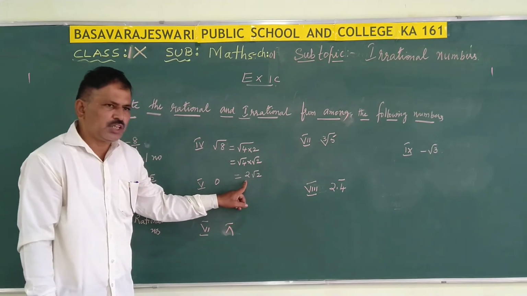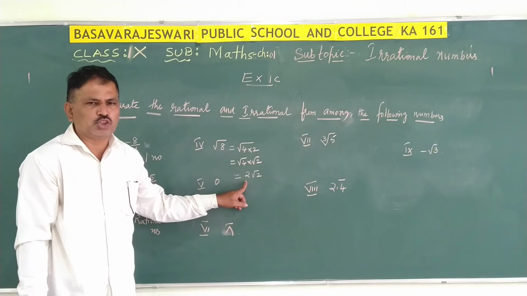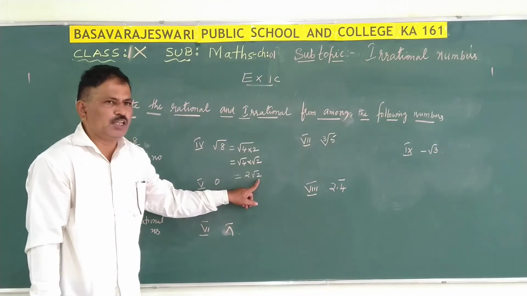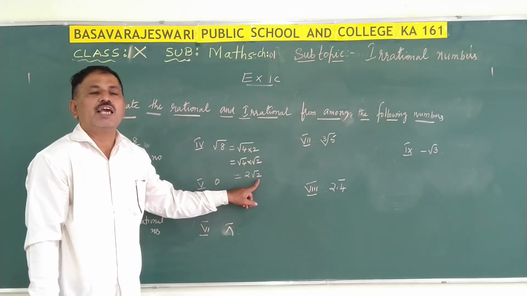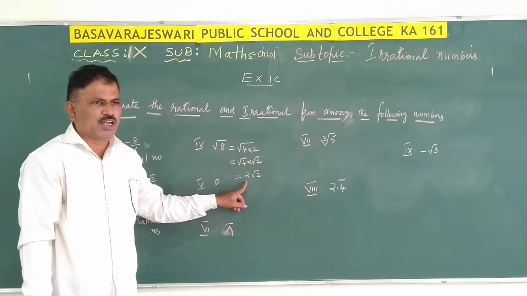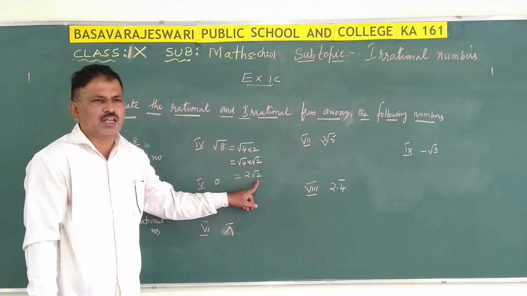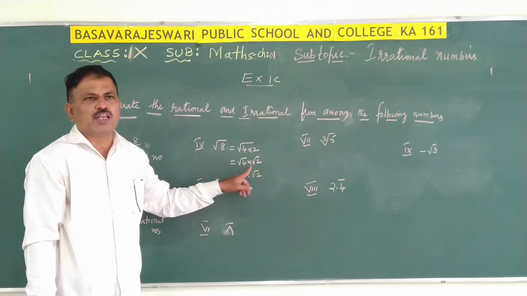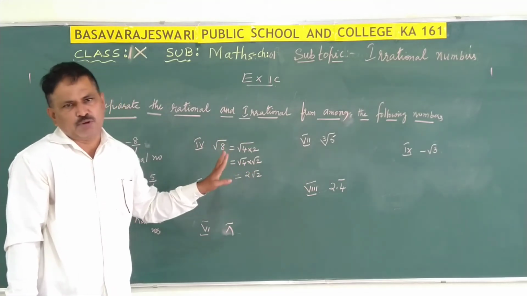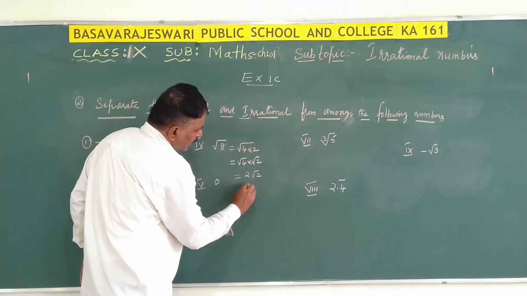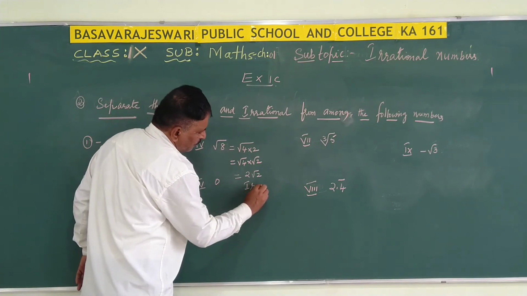No doubt 2 is a rational number because 2 can be written as 2 by 1. But it is multiplied with root 2. 2 is a rational number, whereas root 2 is an irrational number. Any nonzero rational number multiplied with an irrational number is an irrational number only. Hence, it is an irrational number.